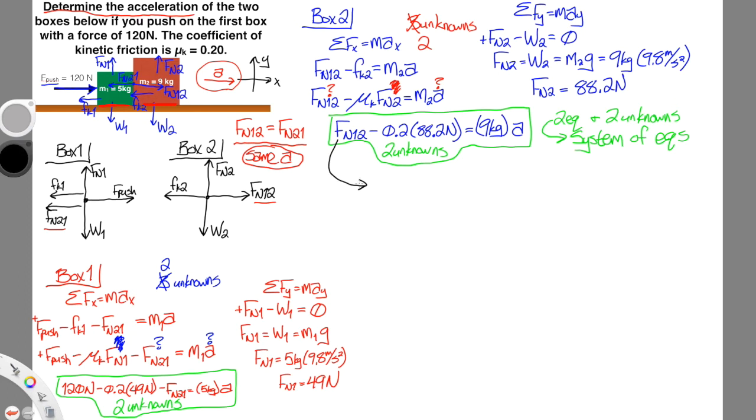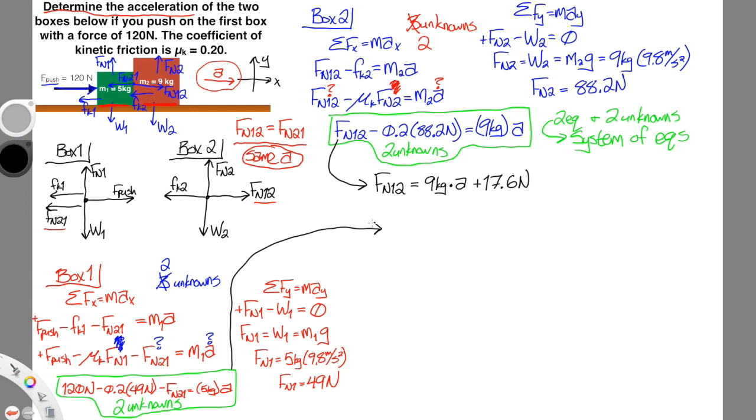So, to rearrange this equation to solve for Fn12, a good rule of thumb is to solve for the variable you're not trying to find first. On the other side of this equation, we have our 9 kilograms times our acceleration plus 0.2 times 88.2, which is 17.6 newtons. Now we're ready to take our other equation and plug this value into it.